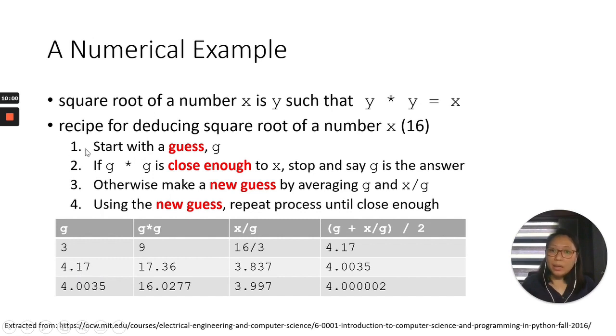And then repeat the process. We start with step 1 again. So if g times g is close enough to x, this time the value is 17.36. I don't think this is close enough to 16. So we go on. We get the new value for g, which is 4.0035.